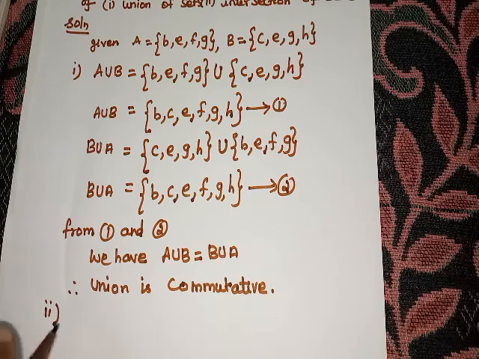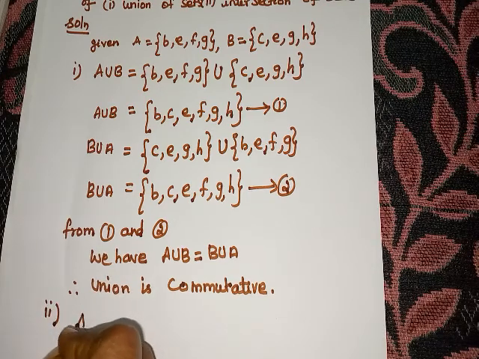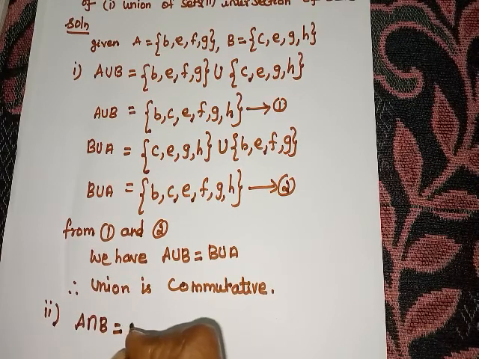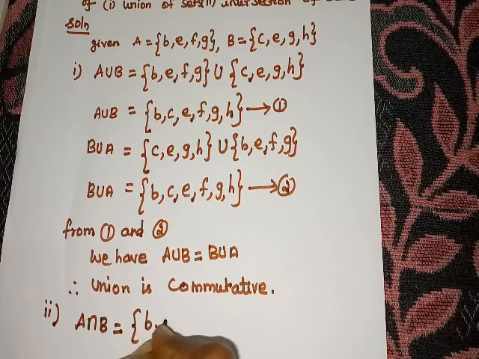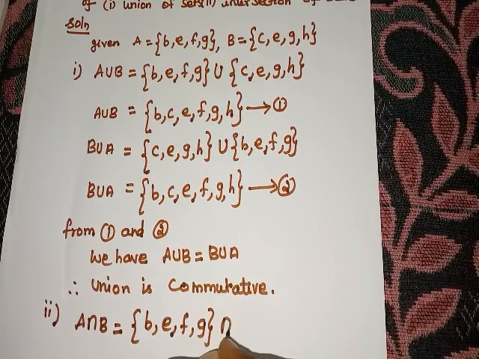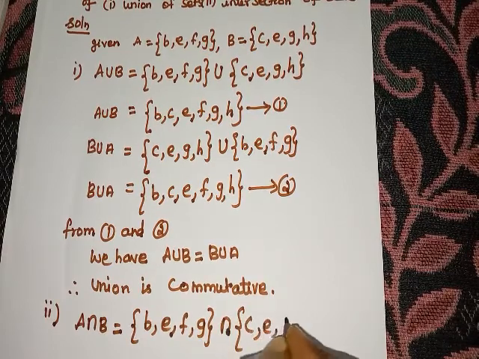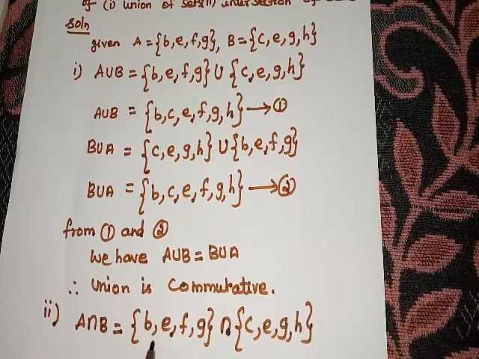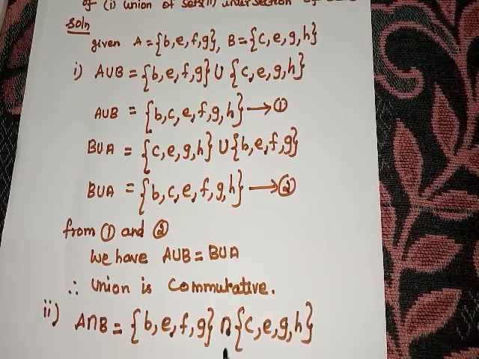First, let us find A intersection B. A intersection B is equal to A set intersection B set. What is the A set? A set is B, E, F, G. Intersection. What is the B set? C, E, G, H. Now only the common elements in both sets, that is the intersection.